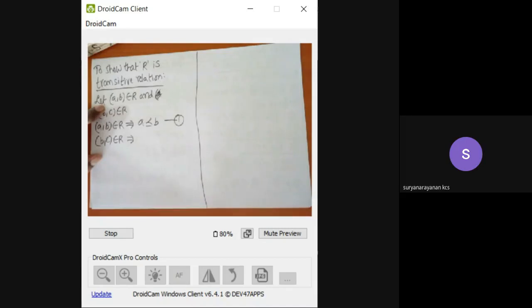Yashwant, can you tell me how do you write the relation between B and C? Yashwant Ram.